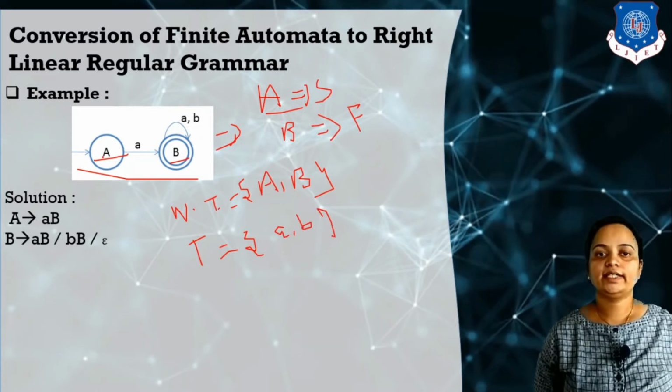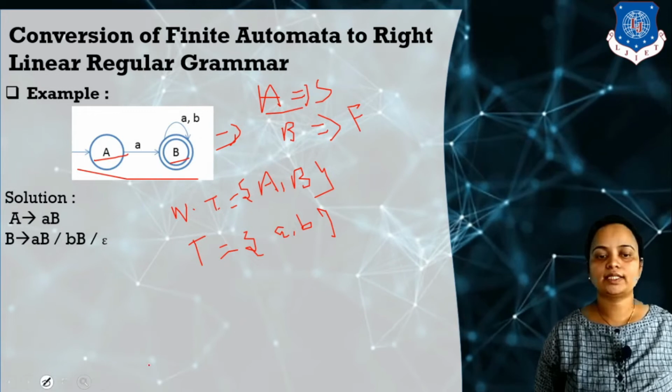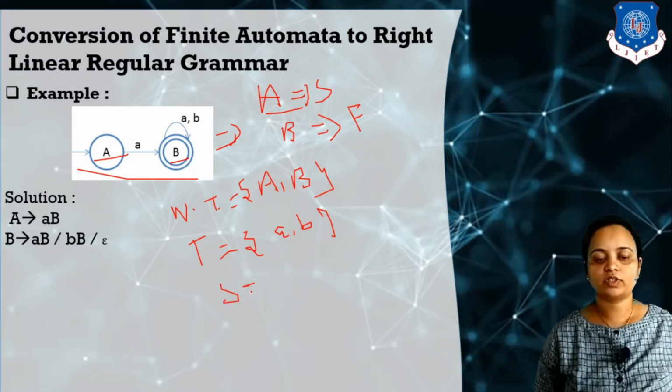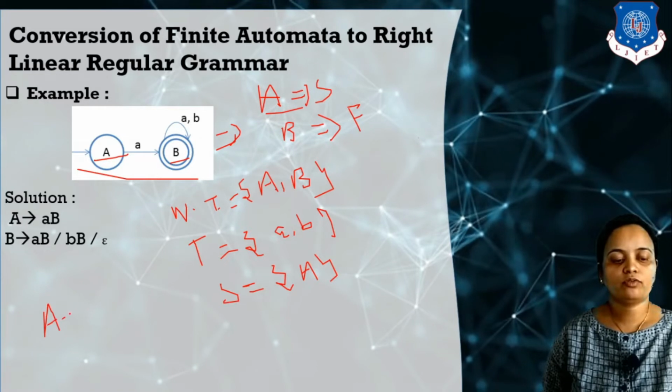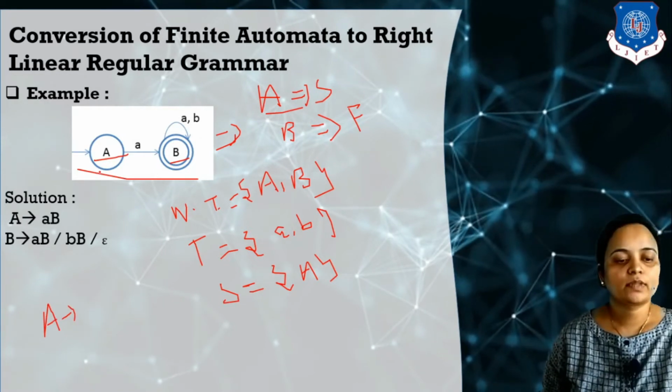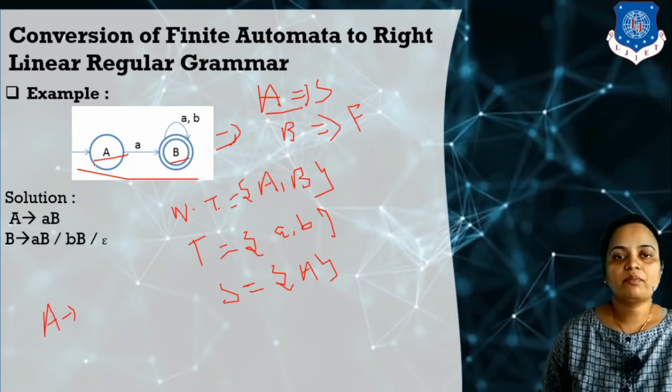The start state of the finite automata is considered the start symbol, so A is our start symbol. We first write down the production for A. From A, one transition is given.